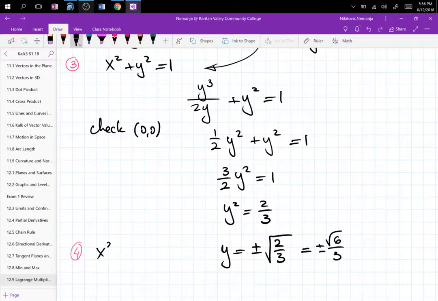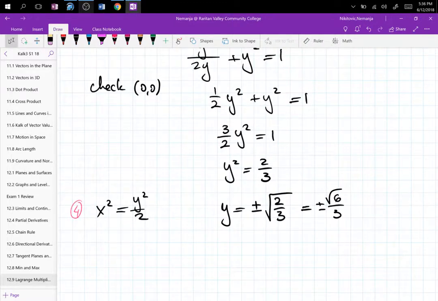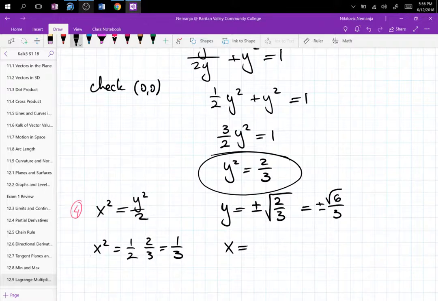And I know that y squared is 2/3. Don't use this for no reason, right? You already have y squared, so just swap that in. So x squared is equal to half of this, so 1/2 of 2/3, which is 1/3. From where x is equal to plus minus root 3 over 3.